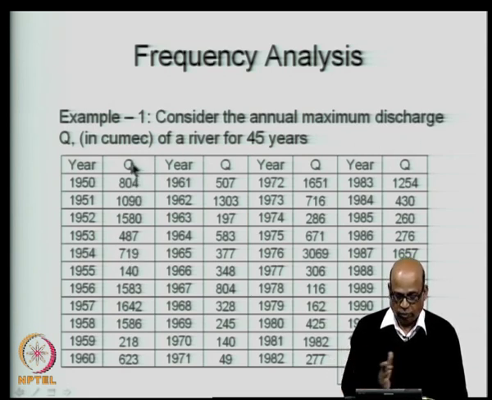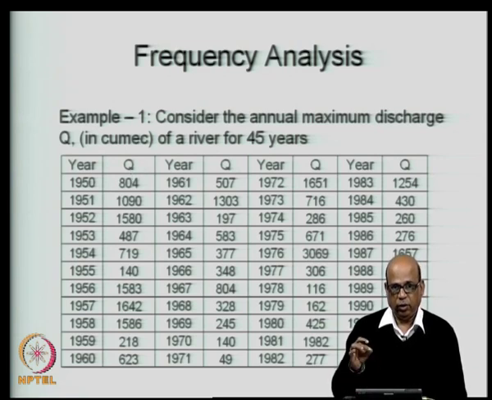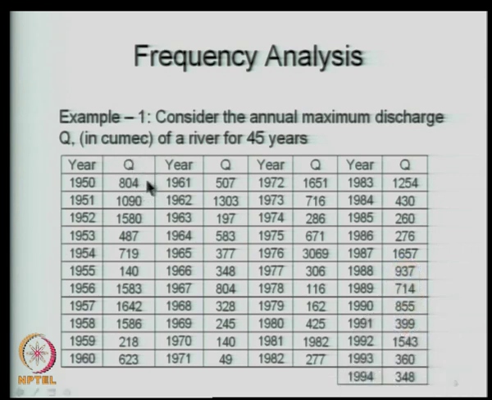That means, out of all the discharge values that you have collected over the year, you have picked one value per year, that is the maximum discharge, and the units are Q max, cubic meters per second. So, you have 45 such values. Let us say that we want to put a threshold of 1500. That means, we say that an extreme event has occurred whenever it has crossed 1500 cubic meters per second.